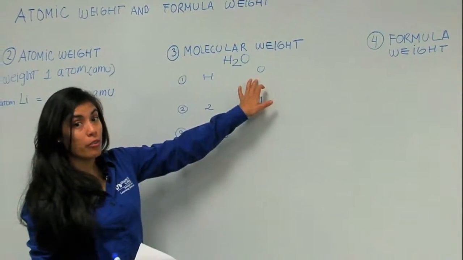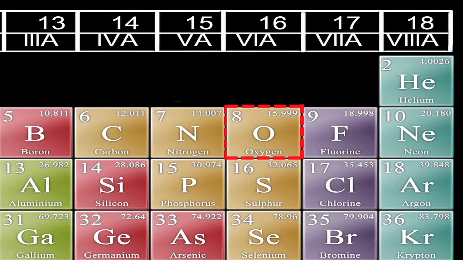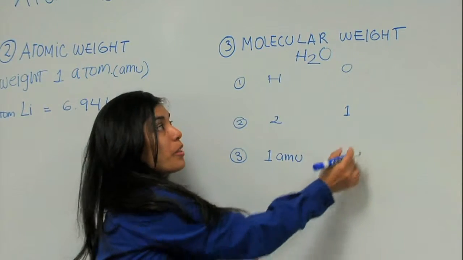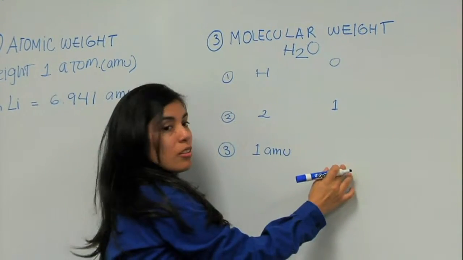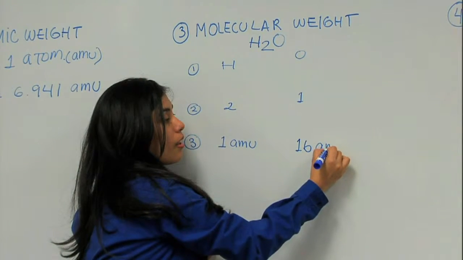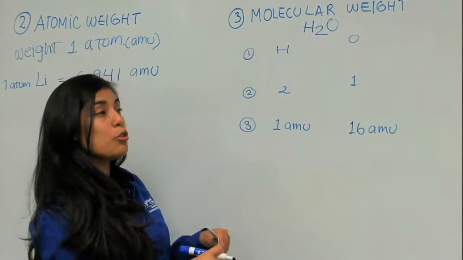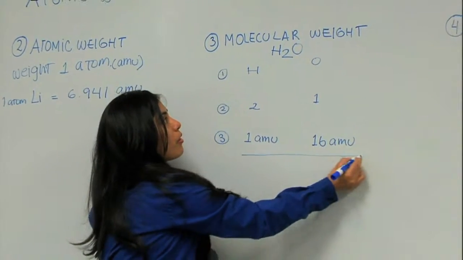And the atomic weight of oxygen, if we look at the table, it's going to be 15.9994. But for this problem, we're just going to round it to 16. So the atomic weight of oxygen is going to be 16 AMU. Finally, what we need to do is think about this.